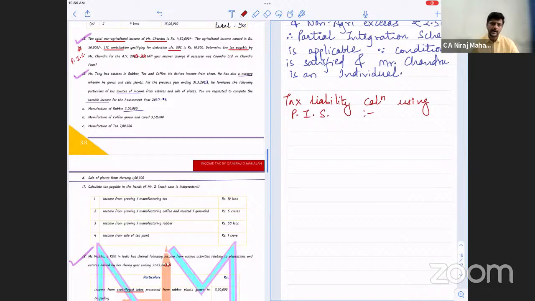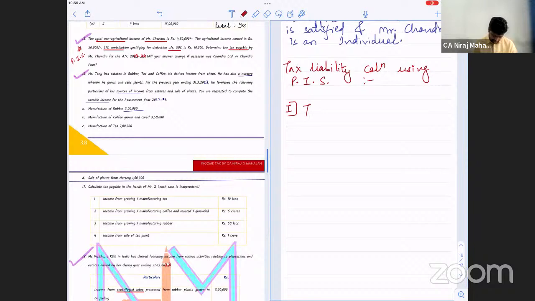Tax liability using partial integration scheme. I'm writing in short. Step 1. Tax on agri plus non-agri. All okay? Tax on agri plus non-agri.